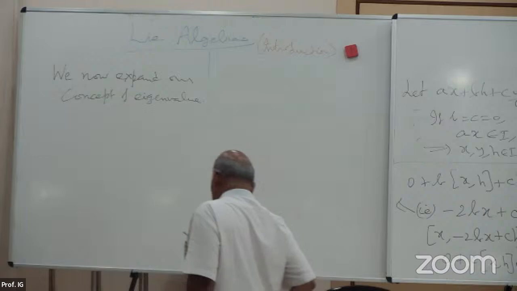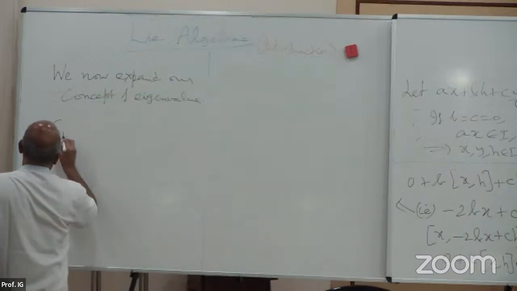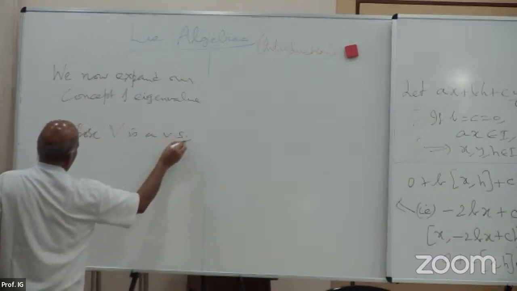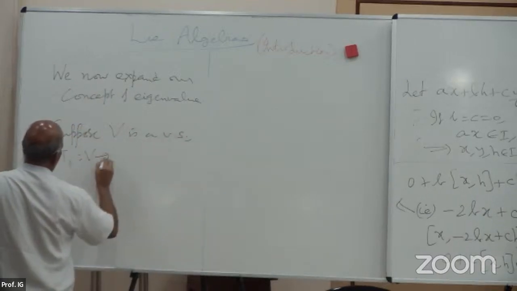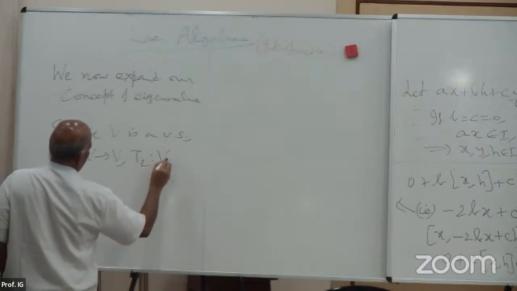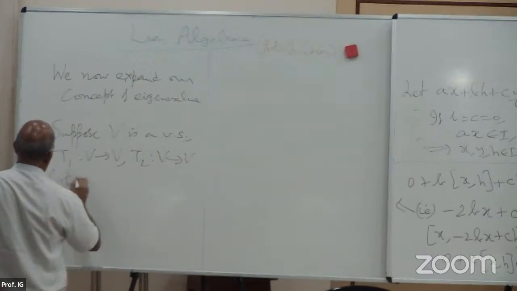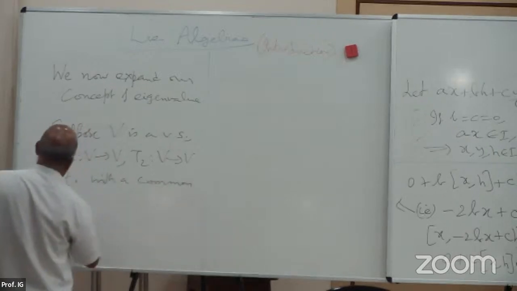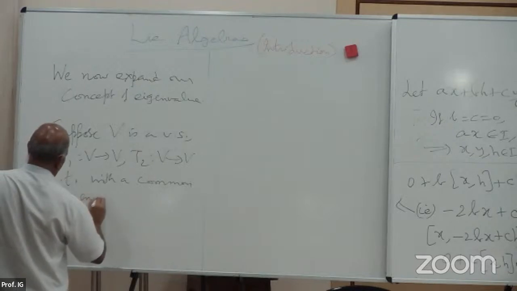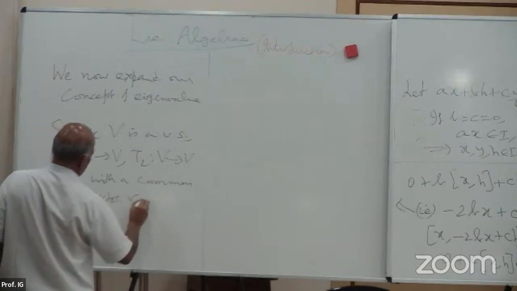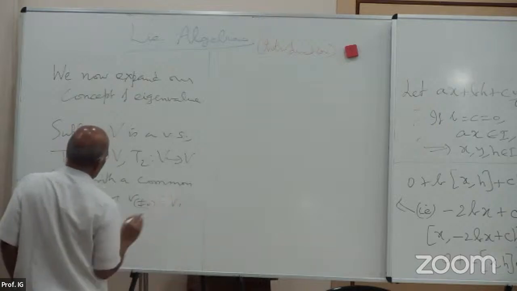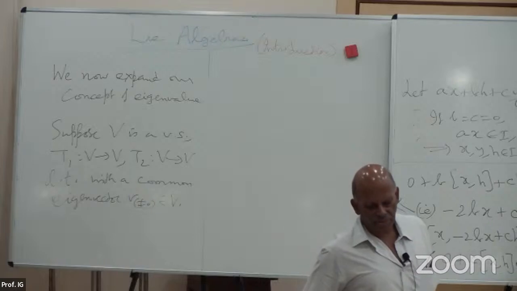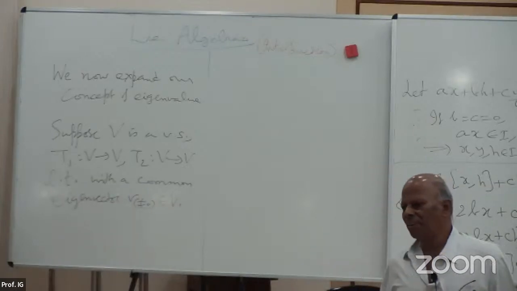Suppose we have two linear transformations. V is a vector space, T1 from V to V, T2 from V to V, linear transformations with a common eigenvector. Okay, so we have two linear transformations from V to V with a common eigenvector.